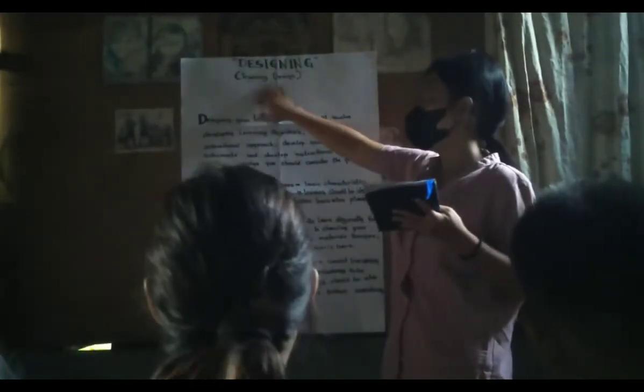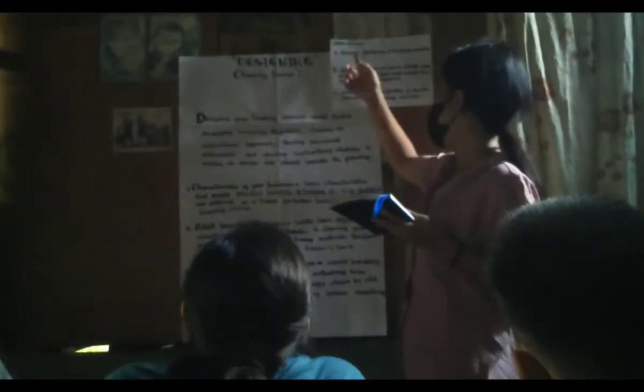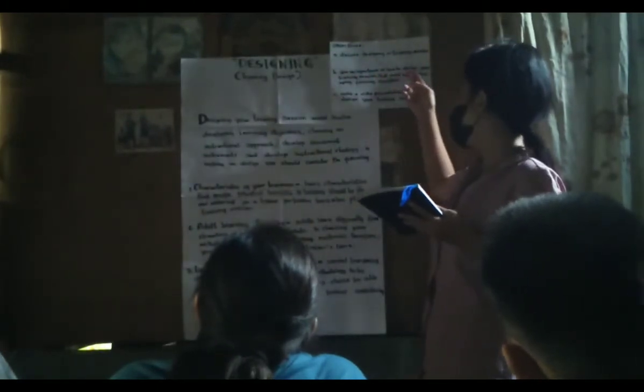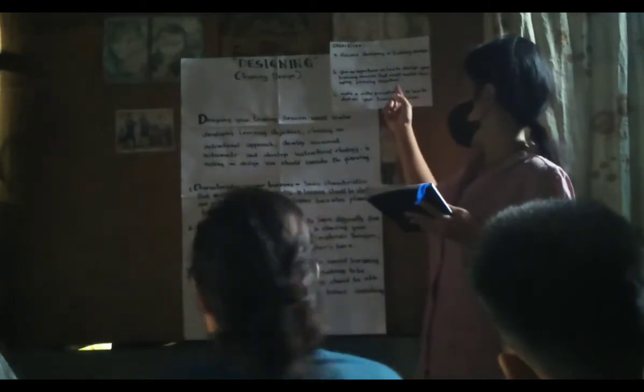Designing is under training design. Here are the objectives of this lesson. First, discuss designing a training session. Second, give the importance of how to design your training session that would involve developing learning objectives.